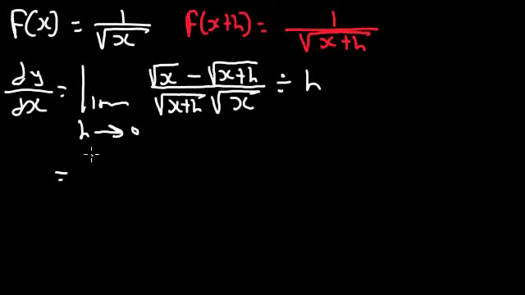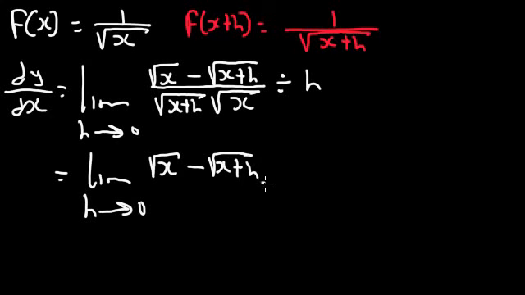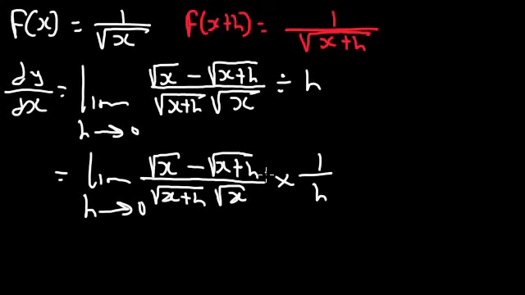We now have the limit as h approaches 0 of root of x minus root of x plus h, all divided by root of x plus h, root of x, then multiply by 1 over h. Okay, you change the sign and you flip this. Okay, that's the reciprocating technique.